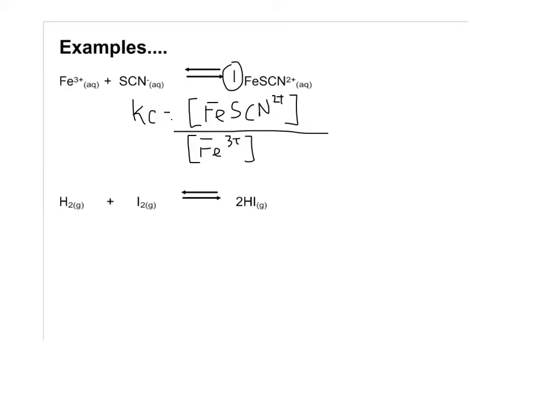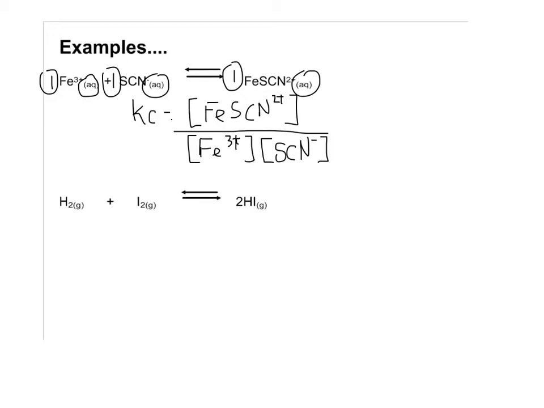So Fe3+, that's also raised to the power of 1 because that's a 1 there, and a 1 for SCN, so it's times SCN minus. We are going to include all of them because they're all aqueous. They're not a solid or a liquid.